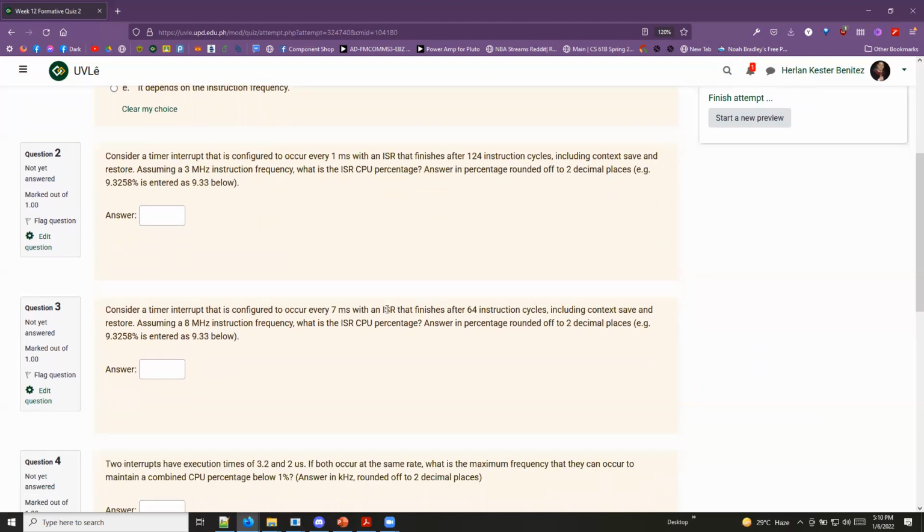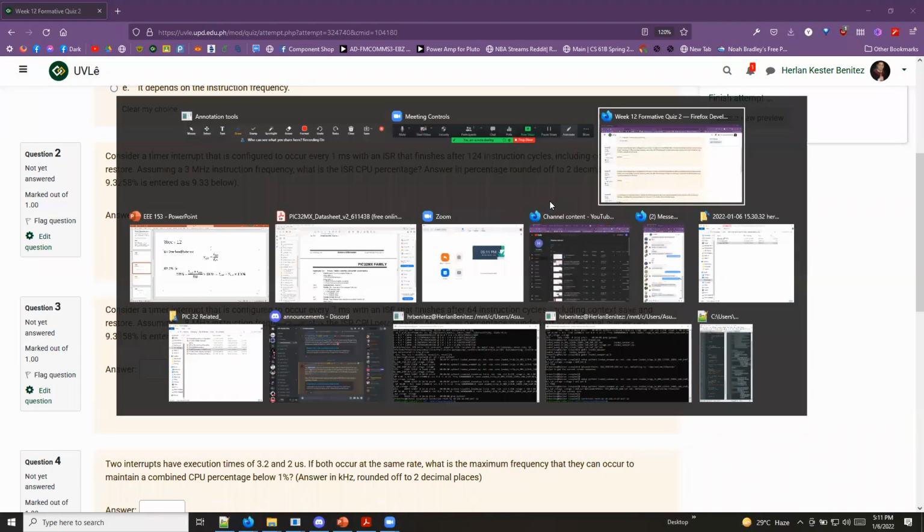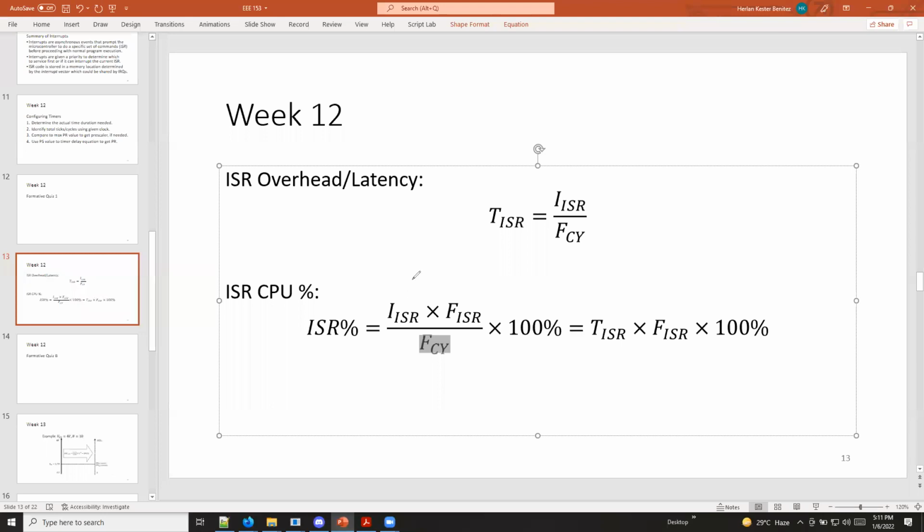Okay, next question. Consider a timer interrupt that is configured to occur every 1 millisecond with an ISR that finishes after 124 instruction cycles. Assume a 3 megahertz instruction frequency, and find the ISR CPU percentage. So, maybe let's write our equation.